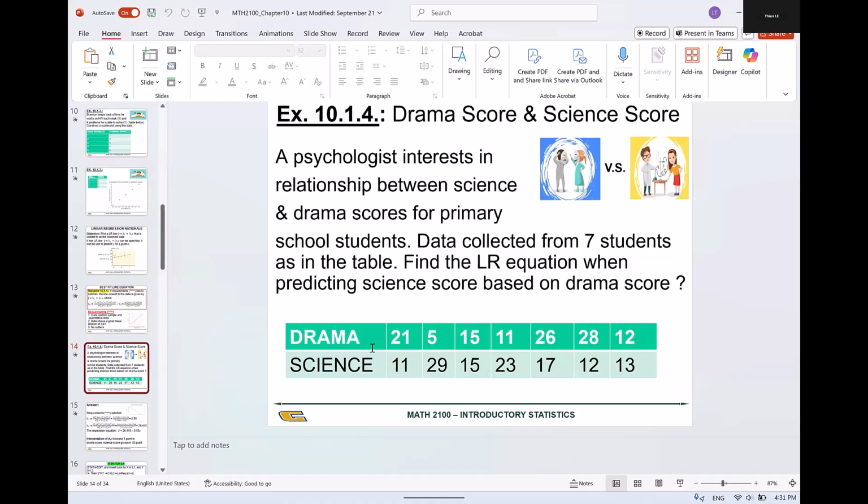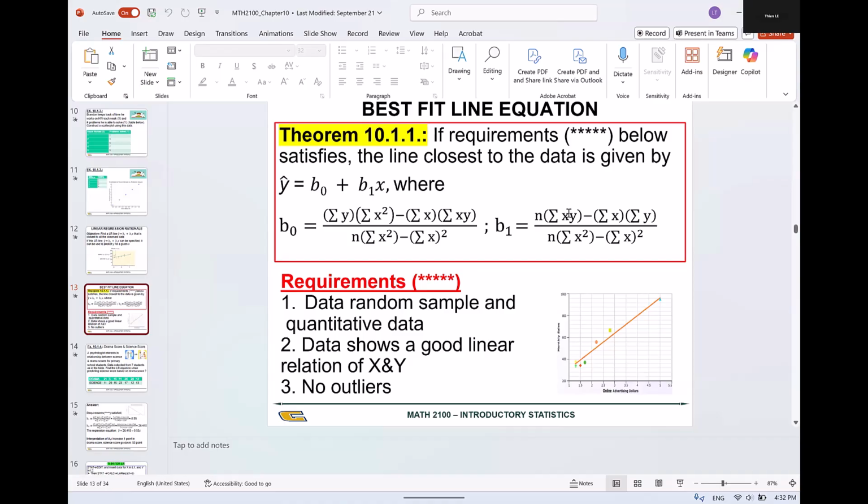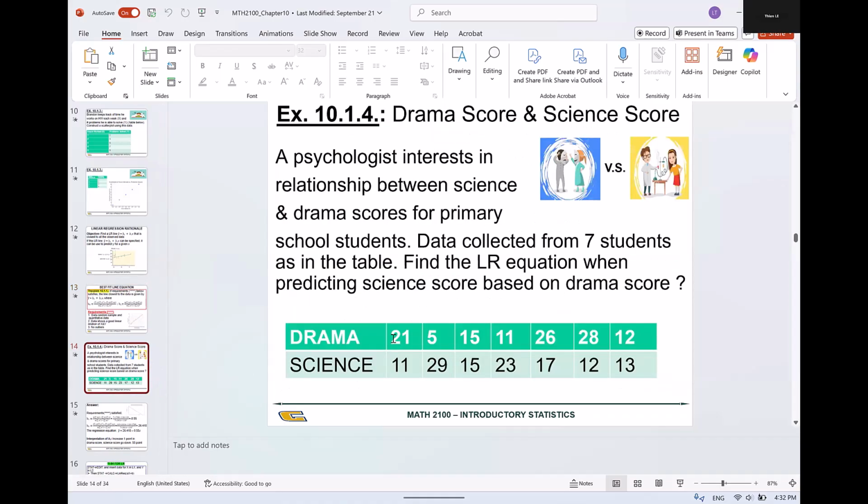So basically you do 21 times 11 plus 5 times 29 plus 15 times 15, and so on, plus 12 times 13, which is the first chunk here. And subtract summation of x times summation of y. So summation of x is 21 plus 5 plus 15 plus 11 plus 26 plus 28 plus 12, and here I just times summation of y.